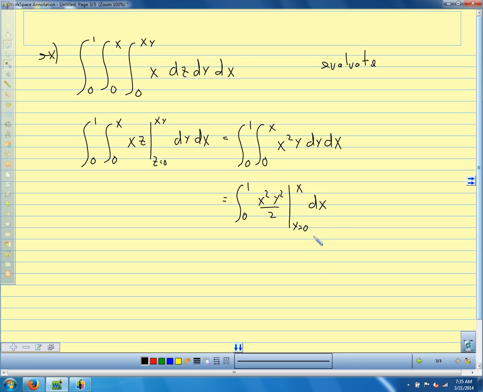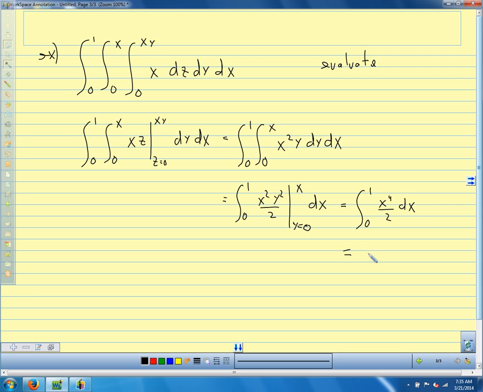So when I let y vary from 0 to x here, when I plug in my limits of integration, y equals 0 to x, I get x to the 4th over 2. I'm plugging in x for y squared at my endpoints.